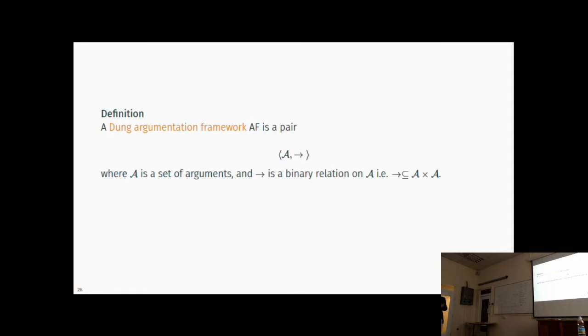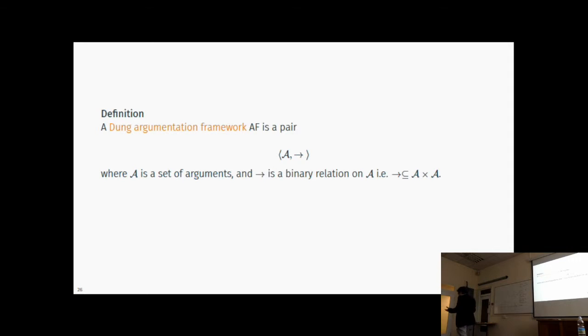In this framework, the atomic element is not the logical language you are using to define your arguments, but the argument itself. The argument is the atomic element, and the attacks are the only important relationship between those arguments.